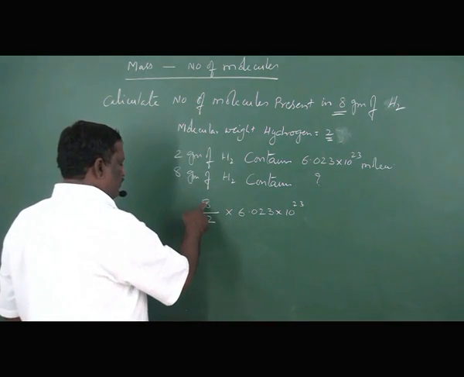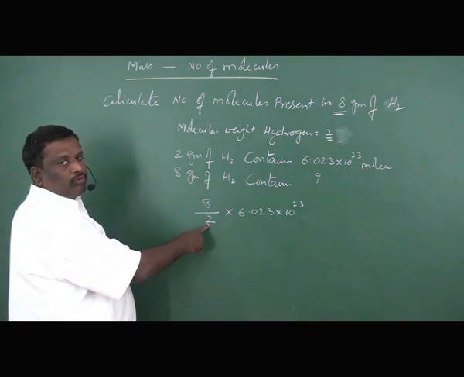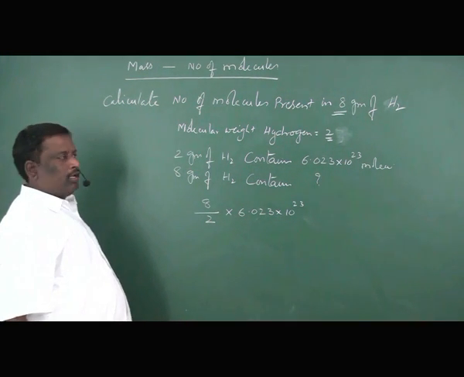So remember the formula. This is the weight of the substance, this is the gram molecular weight, and this is the Avogadro number.